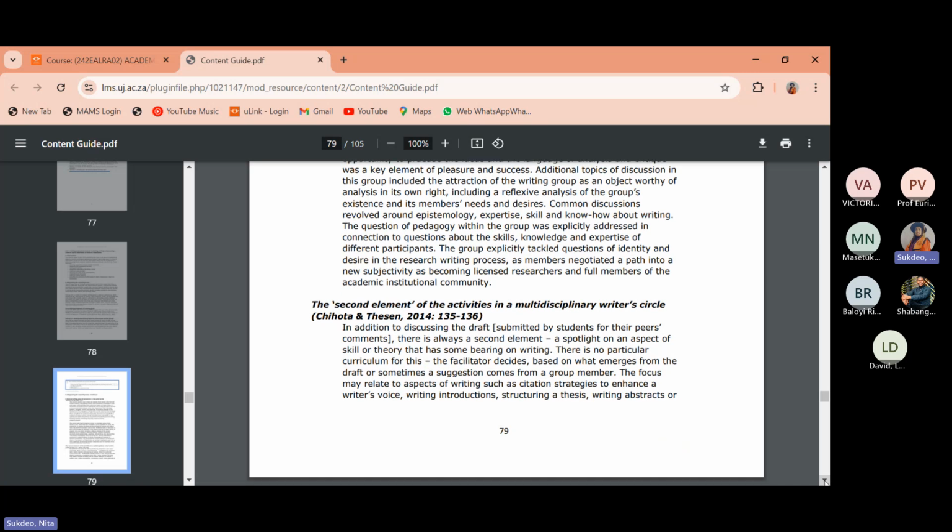Having multidisciplinary writing circles. This is where you have more than one discipline within the writing circle, and you're going to have subject experts for specific disciplines. So you also have people within that group or writing circle, because you're going to start writing about your research and presenting your work. They will guide you on the specific niche areas and subject content for your particular discipline.